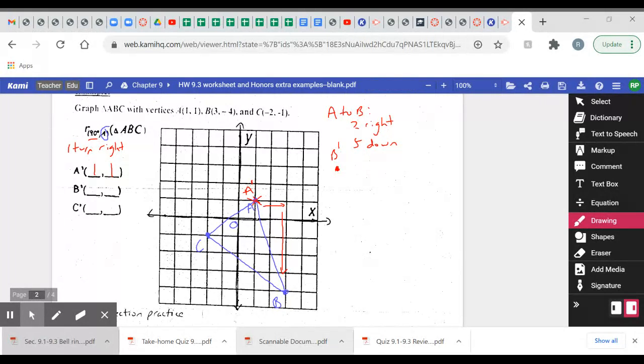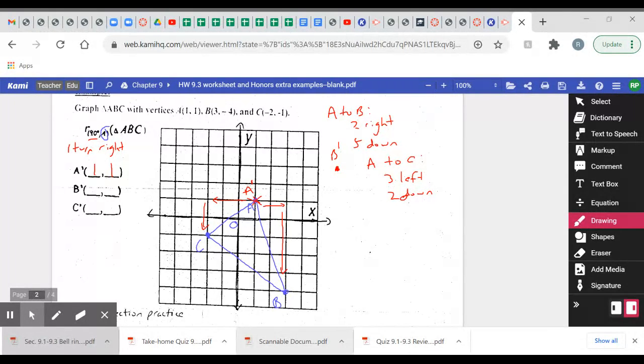Okay, now we need to do the same thing going from point A to C. You can see from A to C, we're going 3 to the left and 2 down. So I'm going to write that 3 left and 2 down.